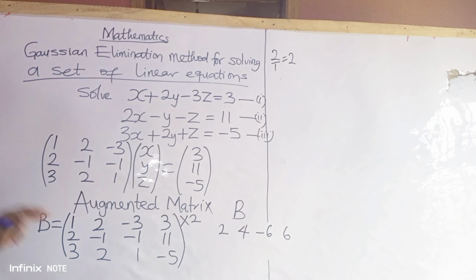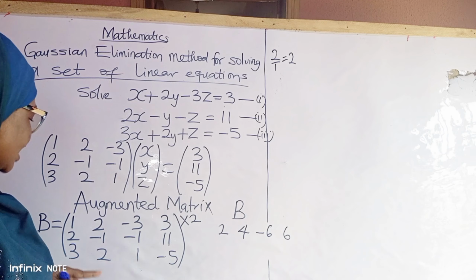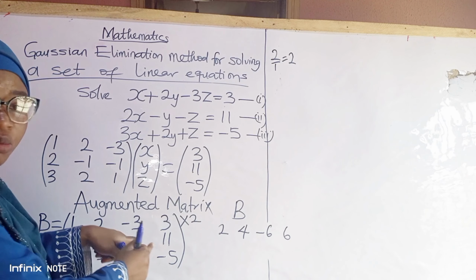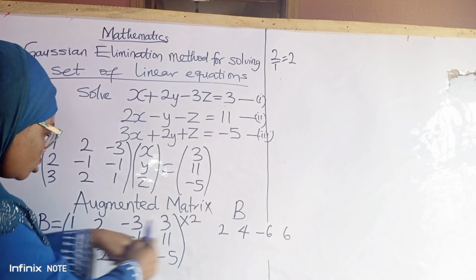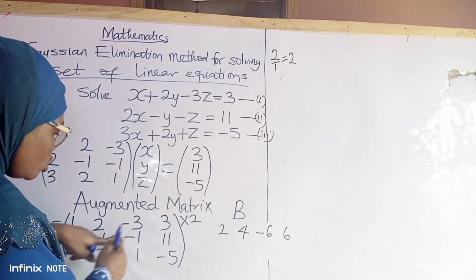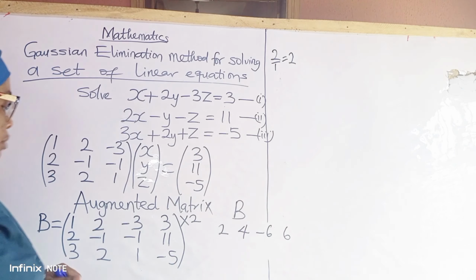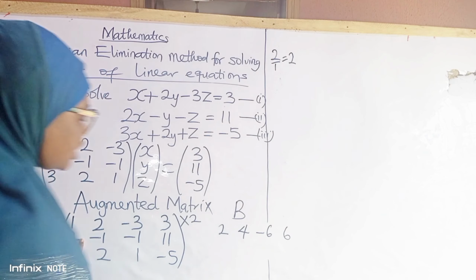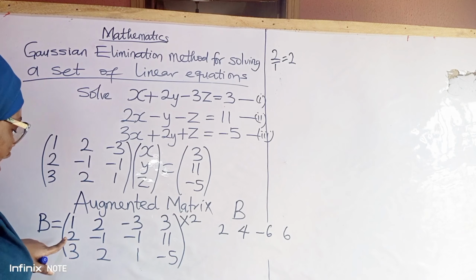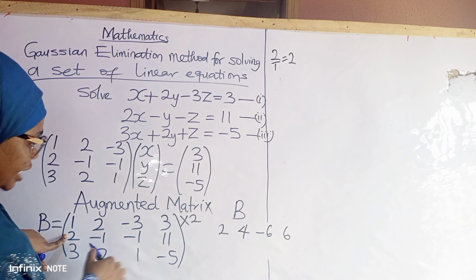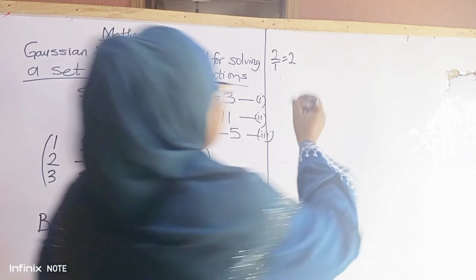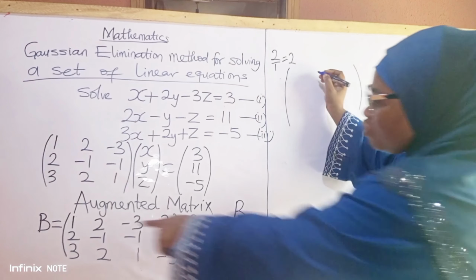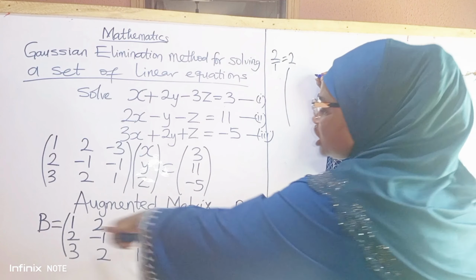Now, after getting this, you say that the second row of the augmented matrix, that is 2, minus 1, minus 1, 11, minus these values that we got. The matrix that we need will be: you write the first row, don't change the first row.